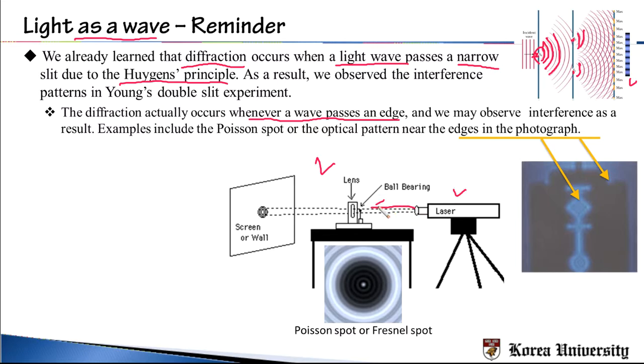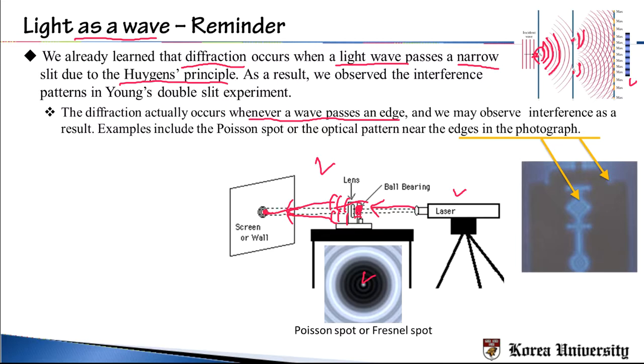Here the laser light goes into a small ball bearing. When this ball bearing is blocking the laser, the upper and lower sides of this bearing work as rounded edges. Therefore diffraction will occur from the upper edge and the lower edge, and the bright spot in the middle is simply the interference pattern due to the diffracted waves from the upper and lower edges.